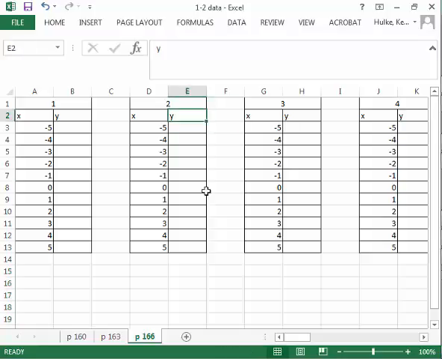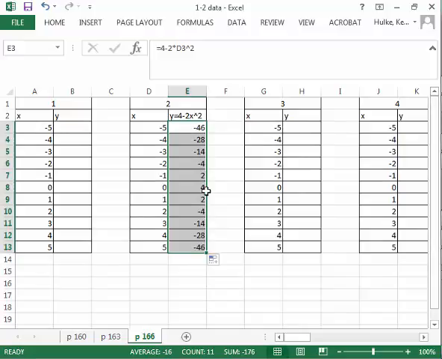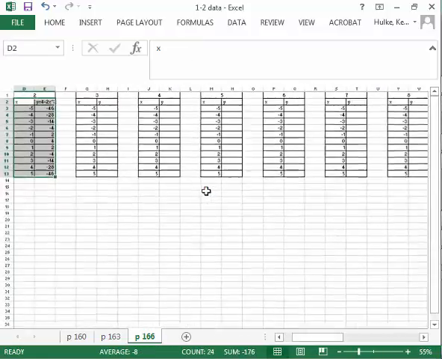Number 2 is y equals 4 minus 2x to the second. So equals 4 minus 2 times our x value to the second. I'm going to pull that down, and now when I graph those two items, I'm going to make it smaller so that you can see the graph.